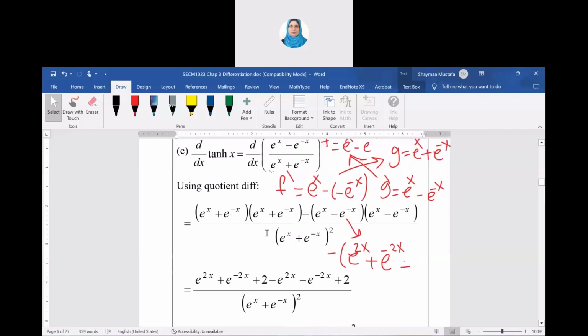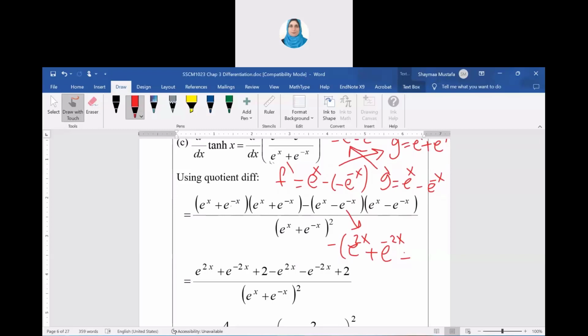So you have minus 2. I did the multiplication here, but this is the result of multiplication. All this result is multiplied by the negative sign here. So negative exponential 2x, minus multiplied by positive becomes minus exponential minus 2x, minus minus becomes plus, so plus 2. So now this is the result.